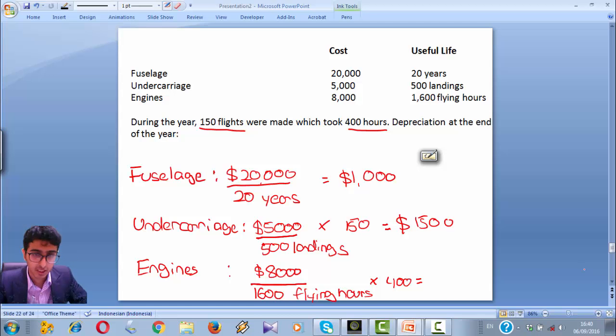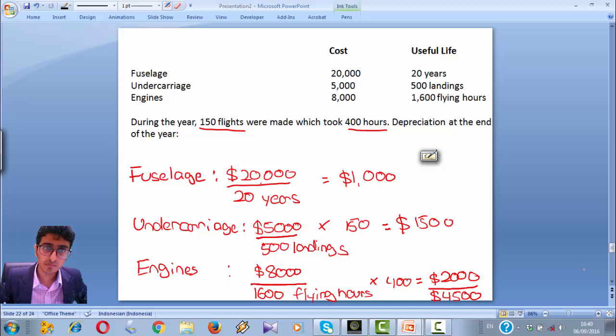This would make our depreciation for the engines $2,000. So the total amount to be expensed in the profit and loss would be $1,000 plus $1,500 plus $2,000, which is $4,500.